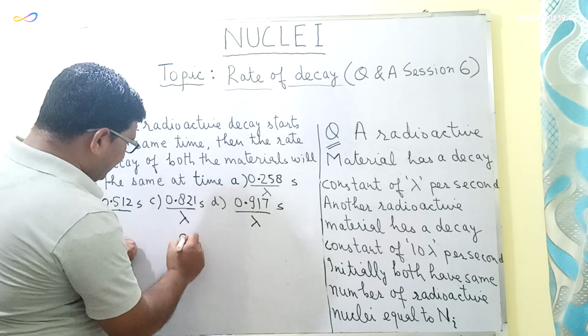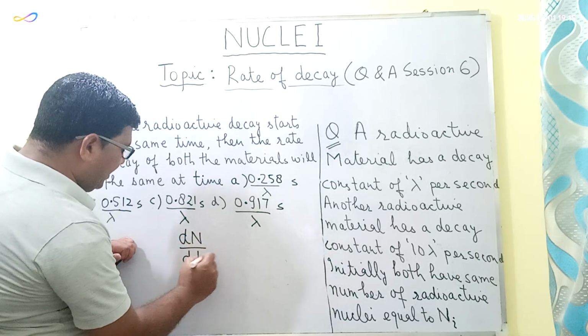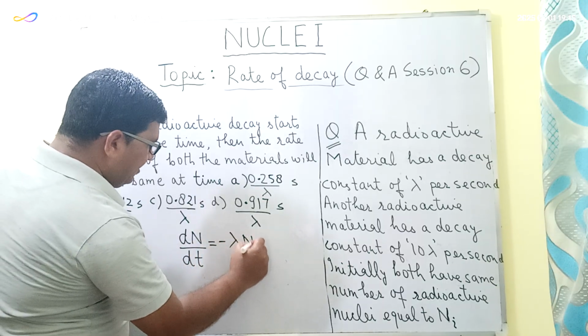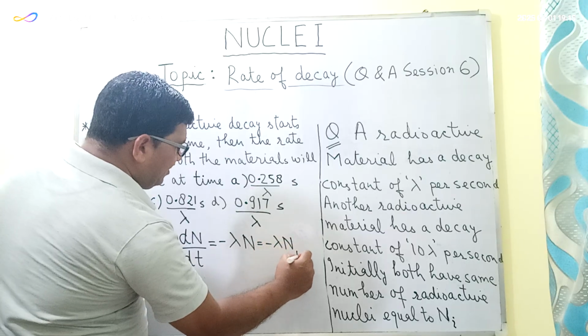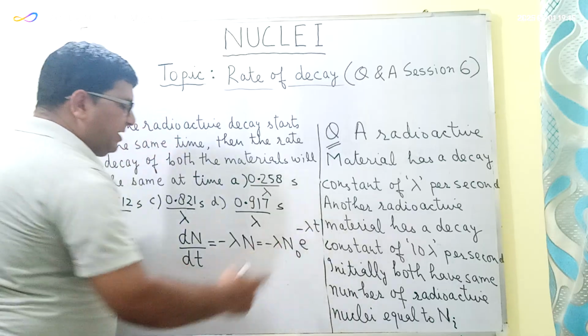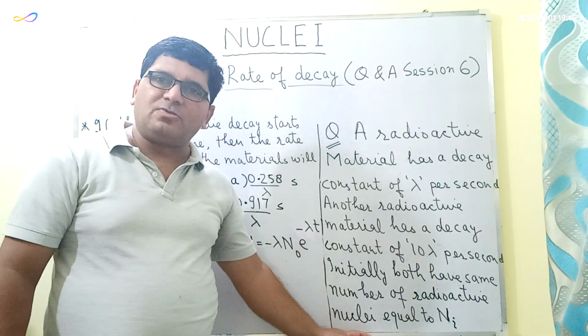In session number 4 we learned that the rate of decay of a radioactive substance is equal to minus lambda N, which is equal to minus lambda N naught multiplied by e to the power minus lambda t, where N naught is the number of radioactive nuclei at t equal to 0.